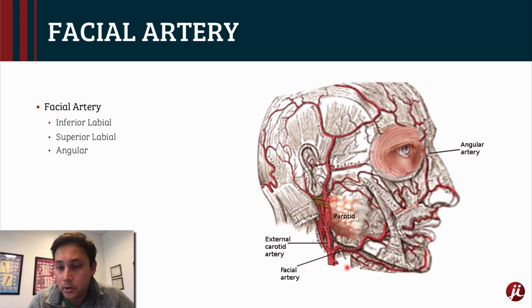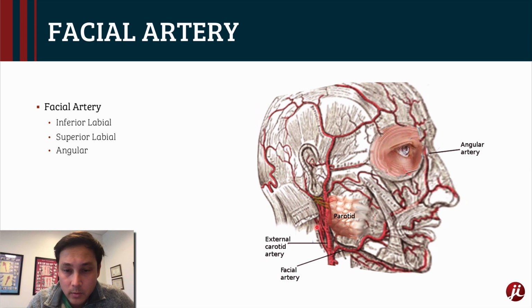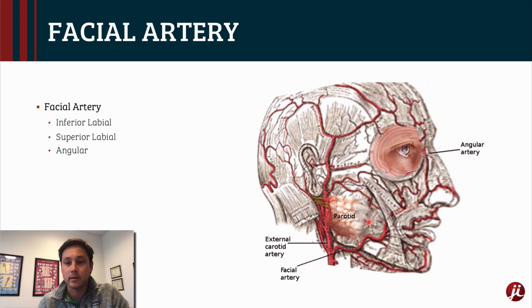The superior thyroid artery, so coming off the external carotid and running inferiorly to the thyroid gland. Another branch coming off the external carotid is the lingual, and the occipital branch coming backwards here into the suboccipital triangle.